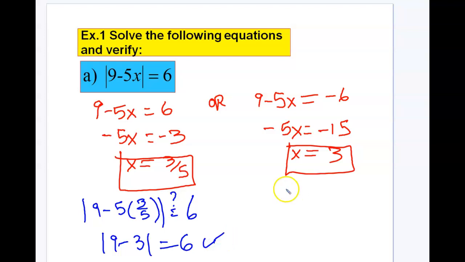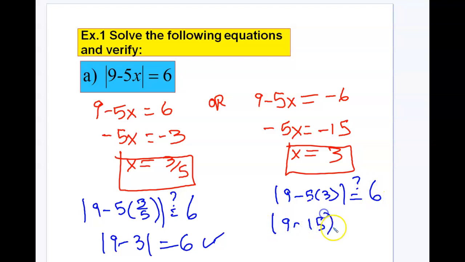And if we look at the next one to verify, I'm going to have the absolute value of 9 minus 5 times 3. Does that equal 6? So I'm going to get 9 minus 15. Does that equal 6? Well, we know that this left side is the absolute value of negative 6, and that does equal 6, so they're both valid. So these two solutions are valid.